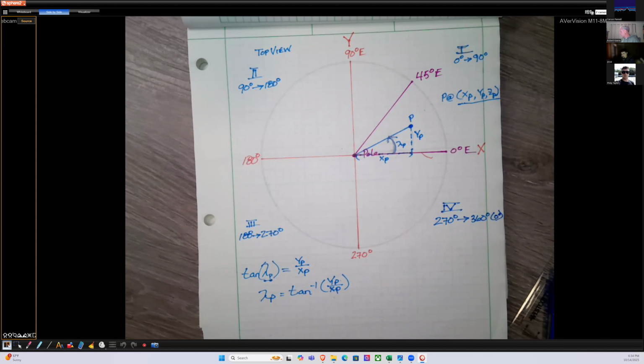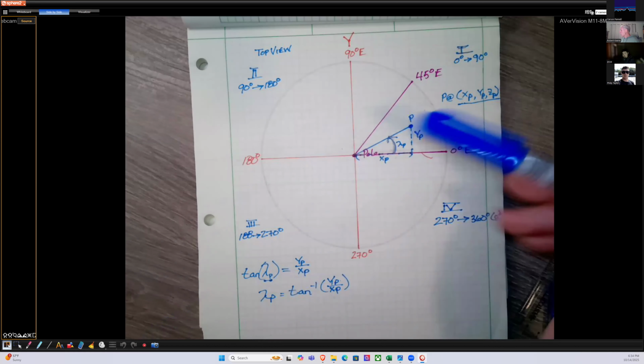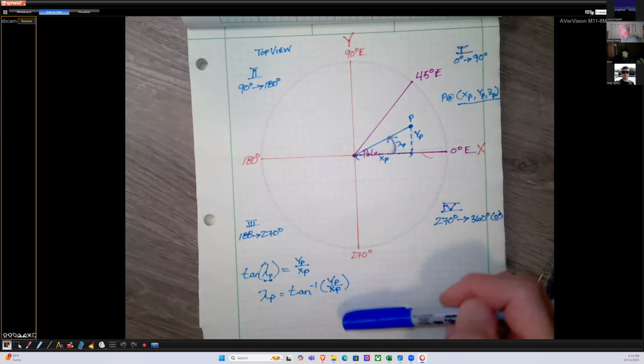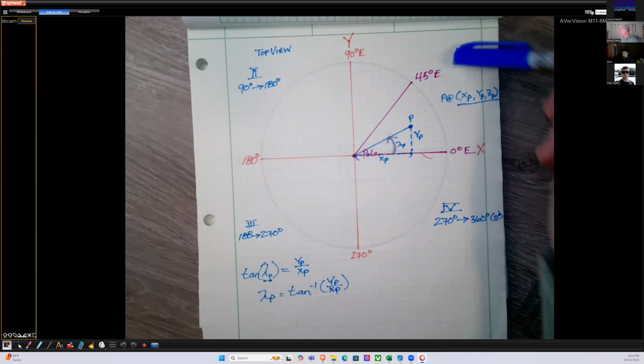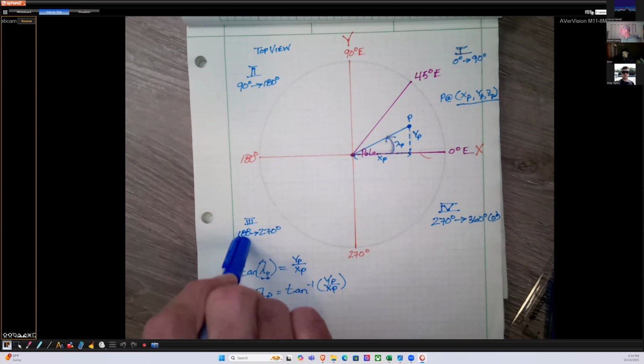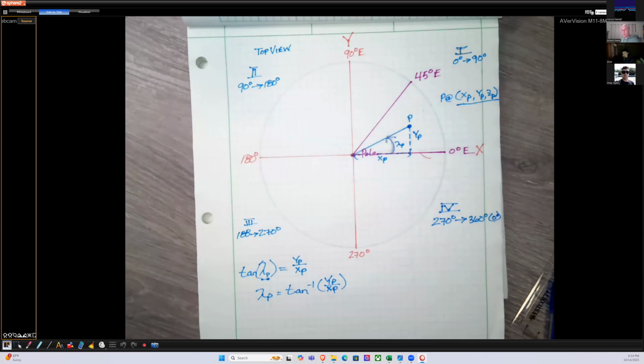Yeah, exactly. Now you'll note in our learning about calculating azimuth, we number our quadrants differently, don't we? We have quadrant 1, quadrant 2, quadrant 3, quadrant 4.